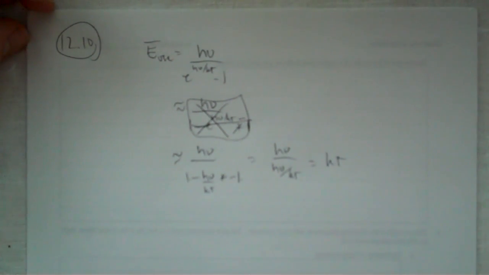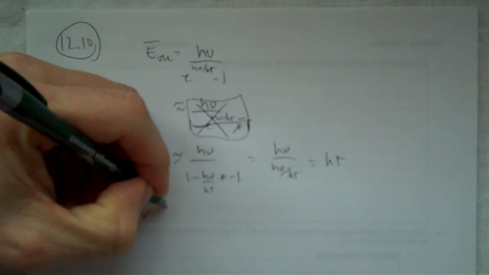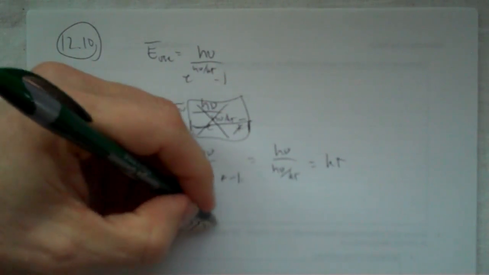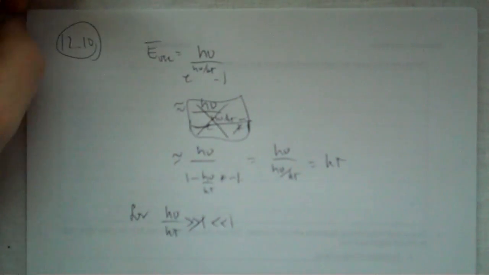So that's an approximation, and that is valid for h nu over kT much less than 1. Okay, so if this is a small ratio, then this is an approximation which is good.